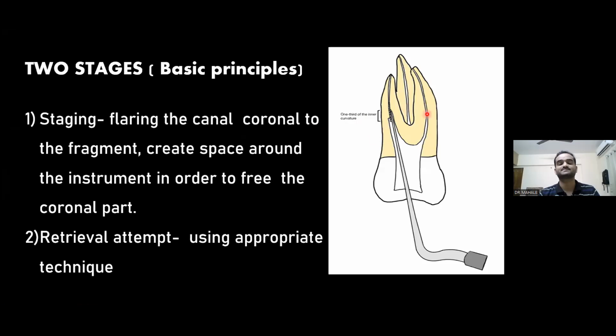Then, as a second step, you attempt to retrieve using an appropriate technique. These are the two basic principles followed in most mechanical instrument retrieval protocols: first staging, then attempting retrieval.